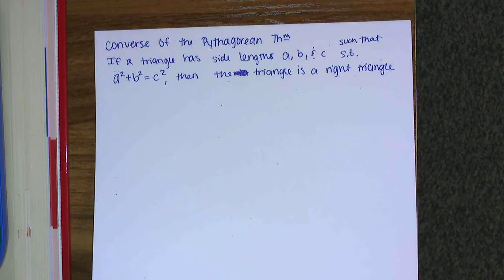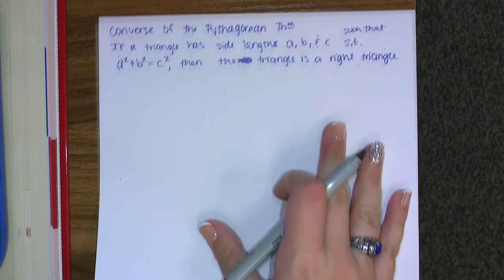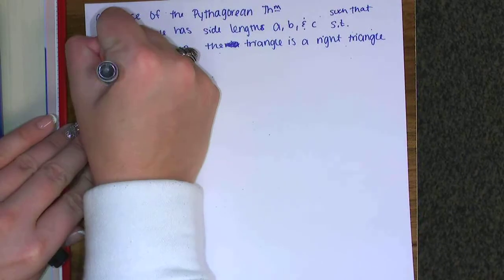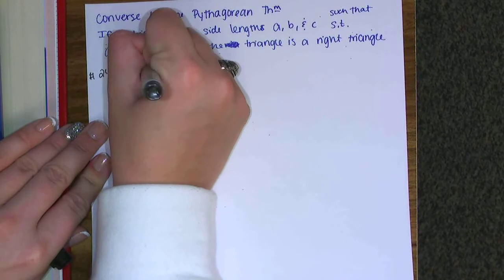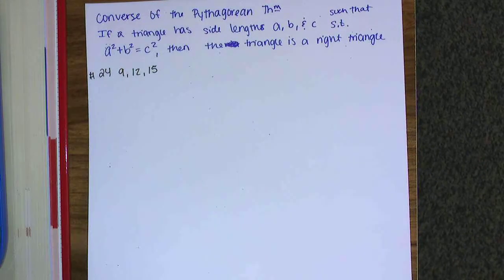So, number 24 says we have side lengths 9, 12, and 15. Now, I should tell you, C is always going to be the biggest side length.